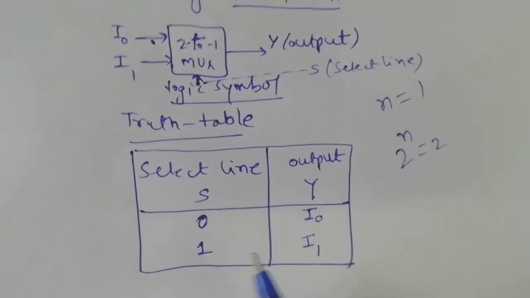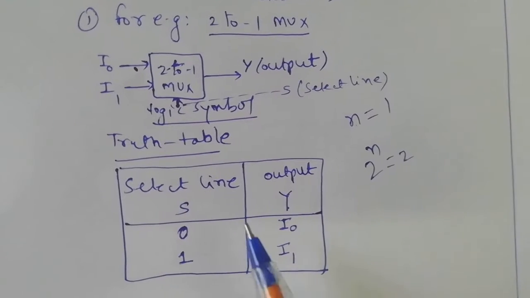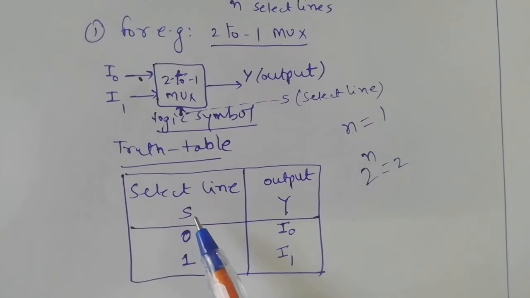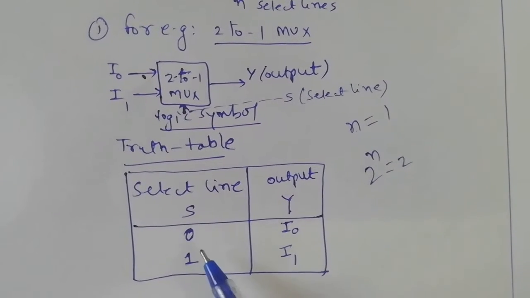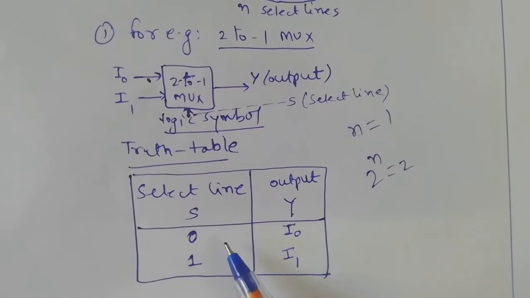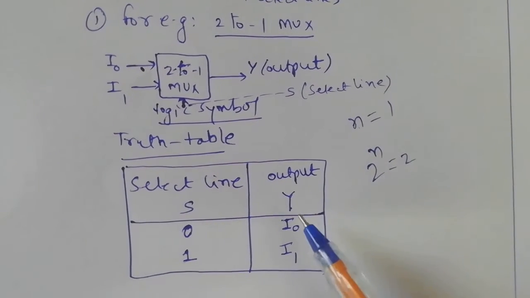Now this is the truth table for the 2 to 1 multiplexer, in which we have a single select line. The possible input values for the select line are either 0 or 1.